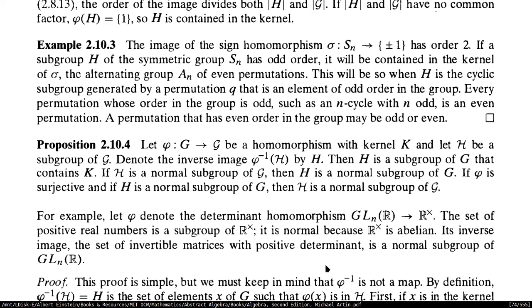Okay, so we have the following proposition after the example, which says that if you have a homomorphism with kernel K, and curly H is a subgroup of curly G, then you denote the preimage of curly H by H. So this H is a subgroup of G, the domain, that contains the kernel.